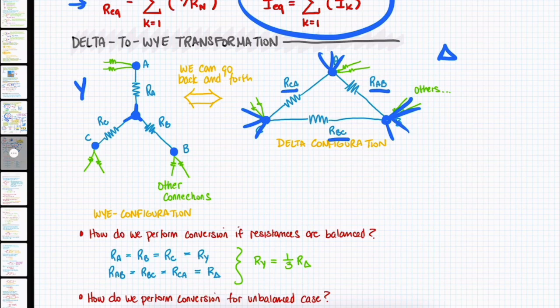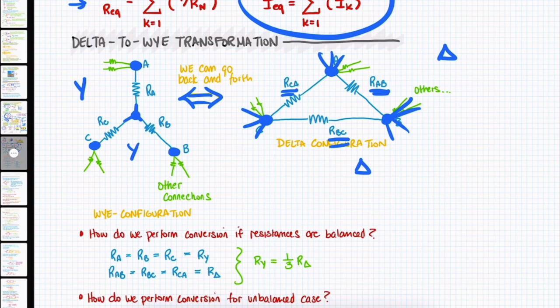What does this mean? The Delta-To-Wye transformation allows us to go back and forth between these 2 forms. We can take a circuit in the Y-connected configuration and find the equivalent values which make it delta. It's important, however, to note that these 3 points, A, B, and C, must remain the same.